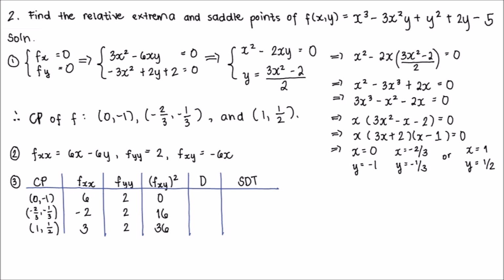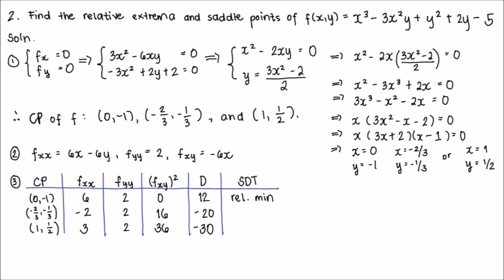Next, we compute D. 6 times 2 minus 0 is 12. Negative 2 times 2, that is negative 4. Then minus 16, so we have negative 20. Lastly, 3 times 2, we have 6. Minus 36, so negative 30. For the first point, D and f sub xx are both positive, so we have a relative minimum.